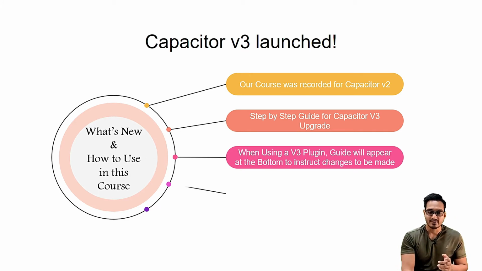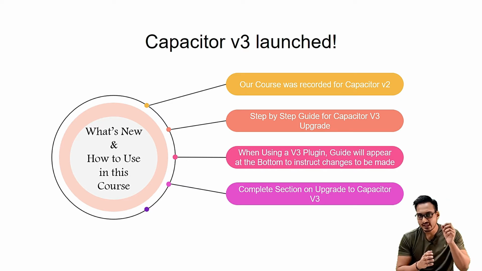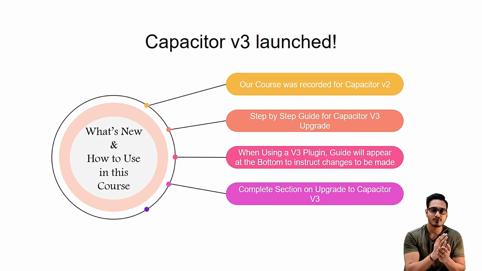Alright, so what's next? Well, if you still have some confusion, then I have a separate section for upgrading to Capacitor version 3, where I will show you all the steps to migrate from Capacitor version 2 to Capacitor version 3. There we will see how to use each and every plugin in Capacitor version 3.